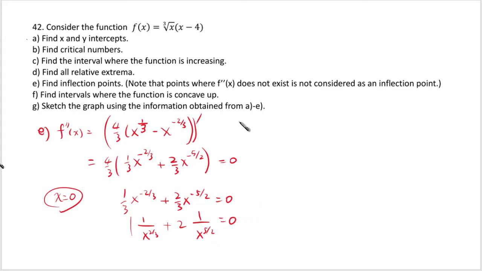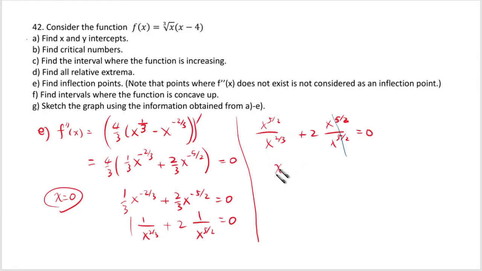Seeing this, I guess we want to multiply by x to the 5/3 everywhere. So you have x to the 5/3 divided by x to the 2/3, plus 2 times x to the 5/3 divided by x to the 5/3. That's after multiplying everything by x to the 5/3. Now that's going to cancel, so it's actually 2 over 1. And if you subtract the exponents, 5/3 minus 2/3, that's just x.